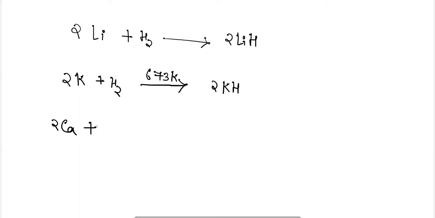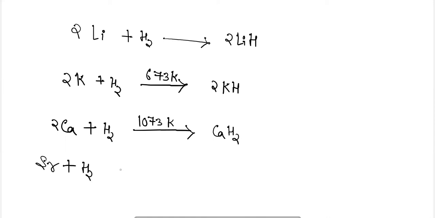Calcium combines with hydrogen at 1073 Kelvin to produce calcium hydride. Strontium combines with hydrogen at 1123 Kelvin to produce strontium hydride.